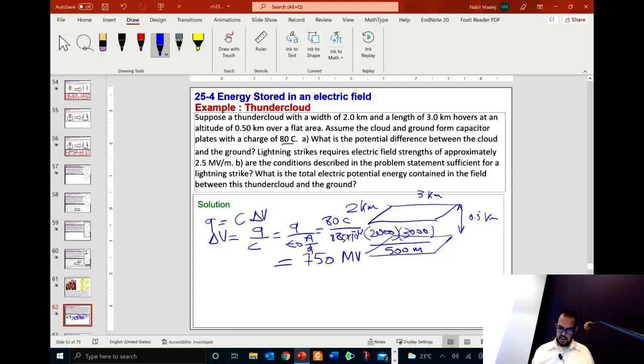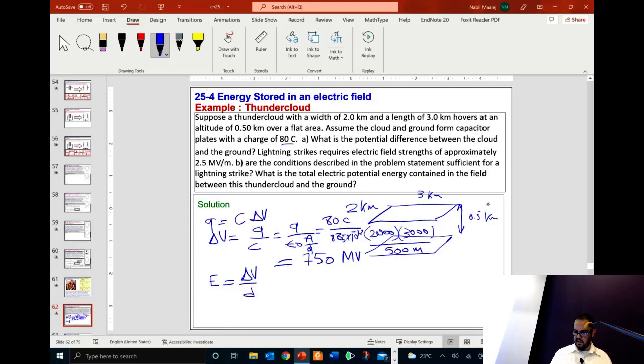The next question: lightning strikes require an electric field strength of approximately 2.5 million volts, megavolts per meter. Are the conditions described in the problem statement sufficient for a lightning strike? So let's look at what the electric field is. Electric field, we said, is delta V over d.